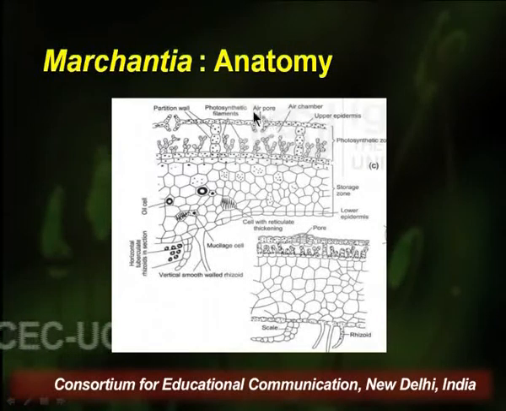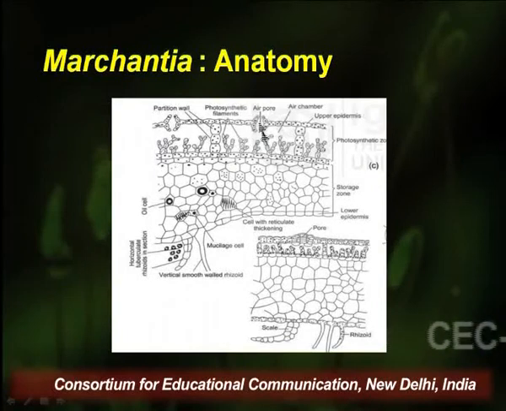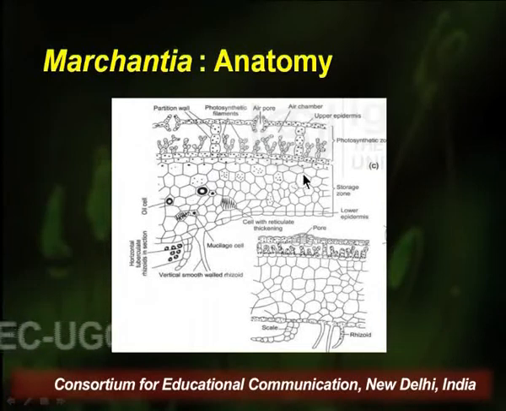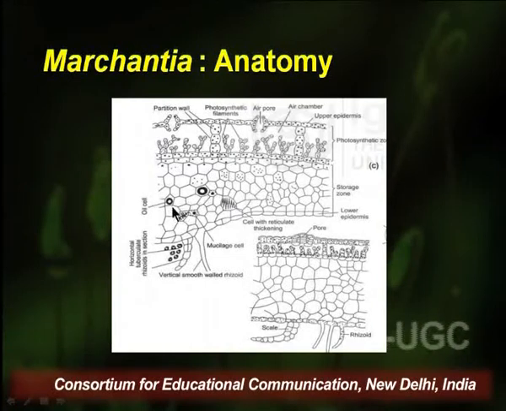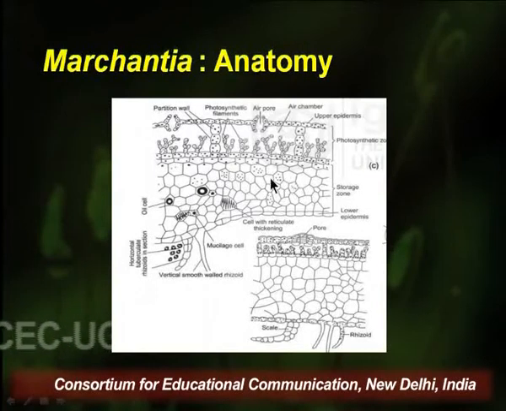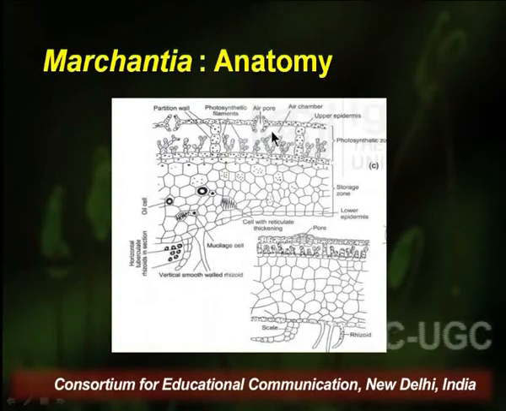So, each air pore represents one photosynthetic chamber lying below it, and below this photosynthetic region of the Marchantia thallus lie compactly arranged parenchymatous cells, also called the storage zone.